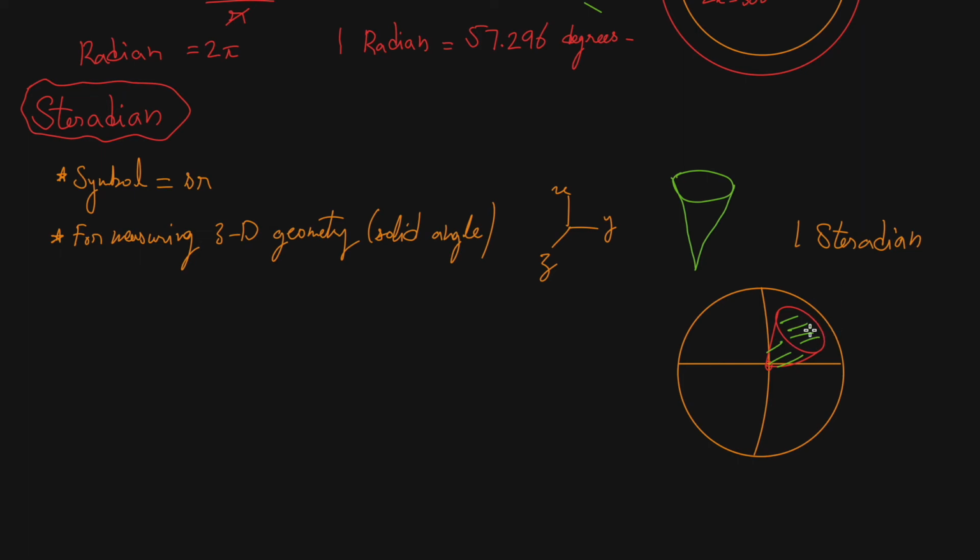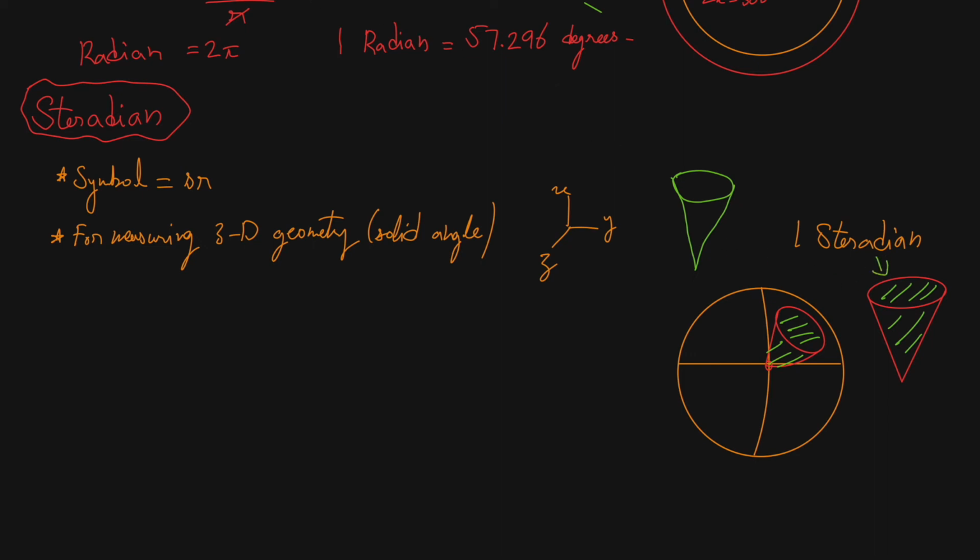So if we pull this section out from the sphere, we will have a figure that looks roughly like a cone, and this will be equal to 1 steradian.